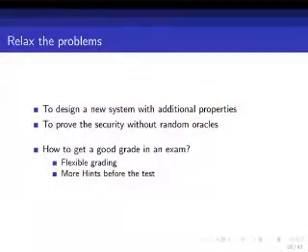And nowadays, we are relaxing the problems more and more. Why? To design new systems with additional properties like ID-based encryption or attribute-based encryption, or to prove the security without random oracles, we need relaxed assumptions.